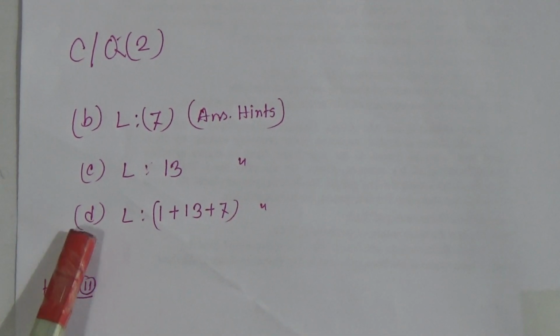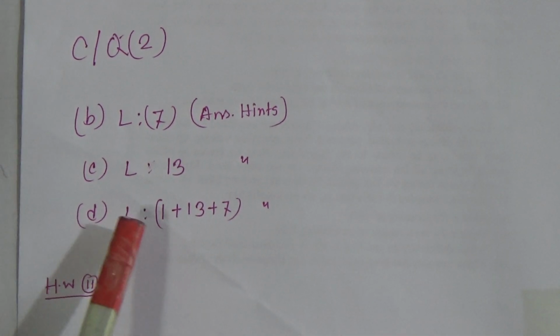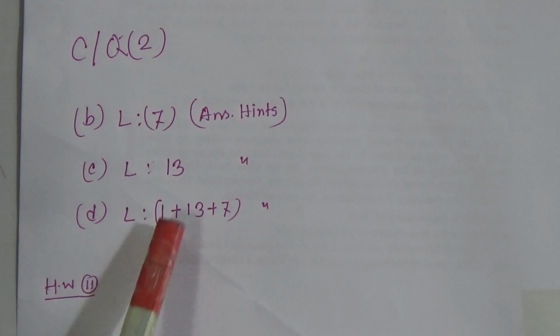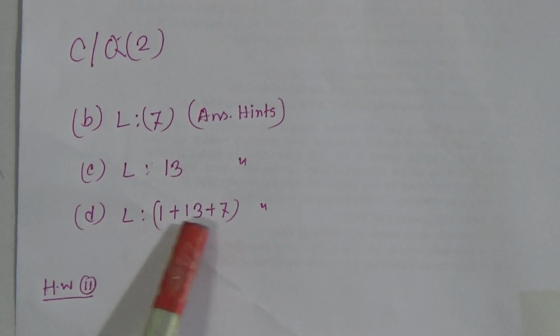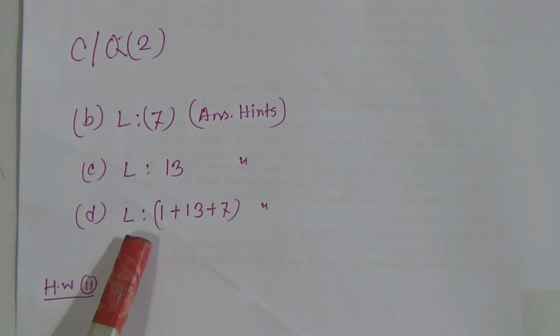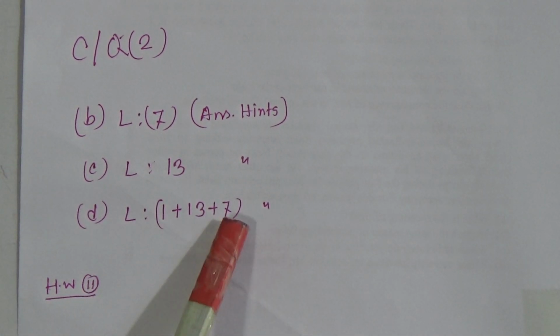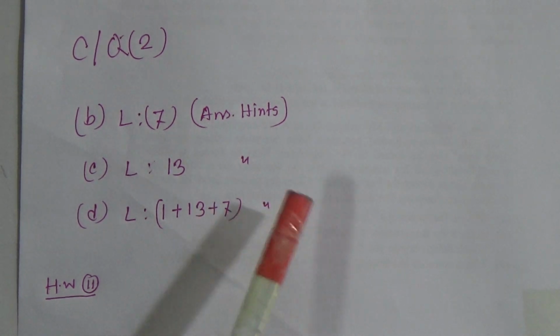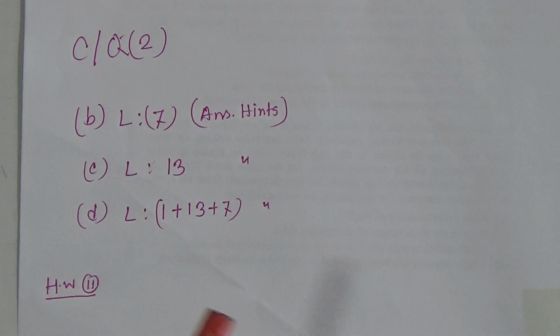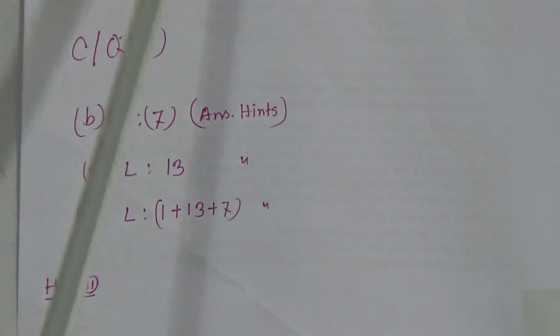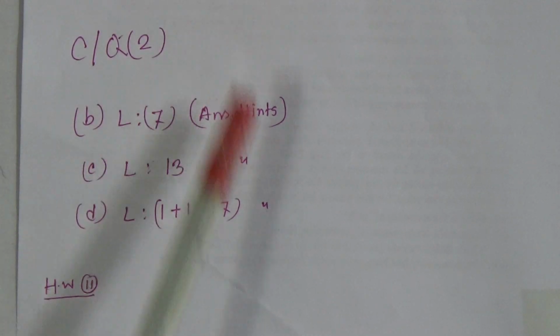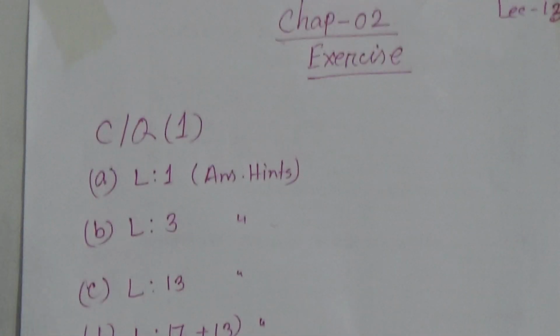For D, you will get the answer in lesson 1, lesson 13 and lesson 7. These three lessons will help you write the answer of D. Of course, you have to take the help of STEAM and your knowledge also. Understand, dear students? These are the exercise part of chapter 2. You have to do it yourself. Practice it at home and do it in your CW copy.